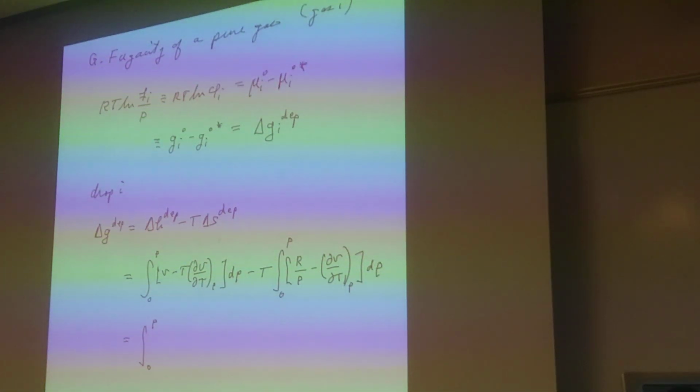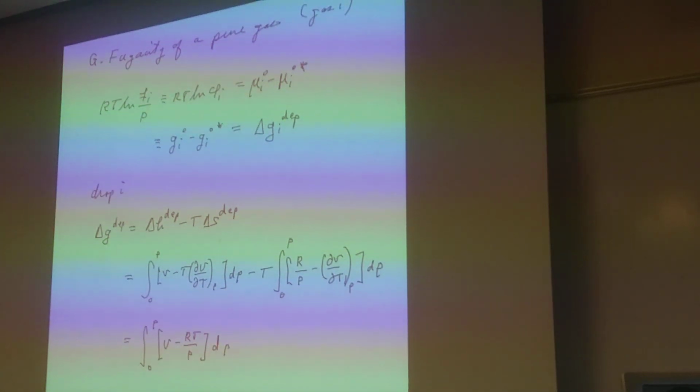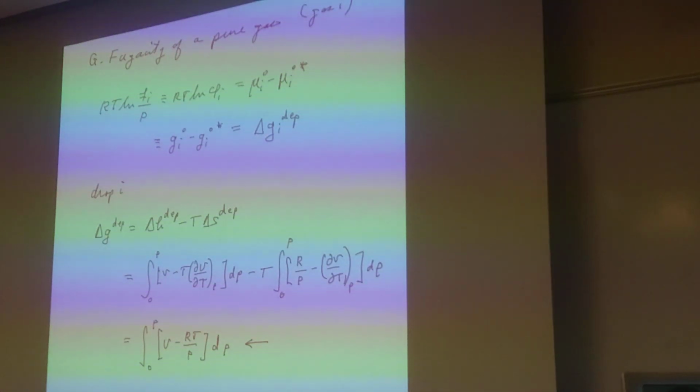That's going to cancel with that one, and what I end up with is V minus RT over P dP. So there I have it. That's my molar Gibbs free energy departure, which I've now got directly related to the fugacity.